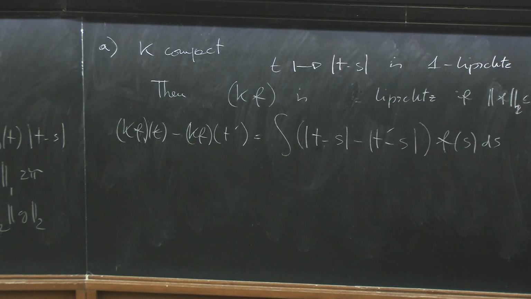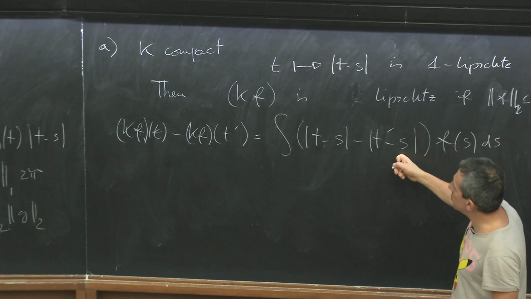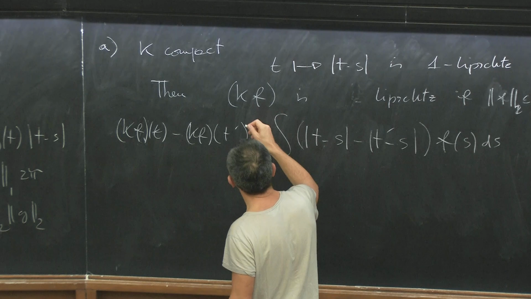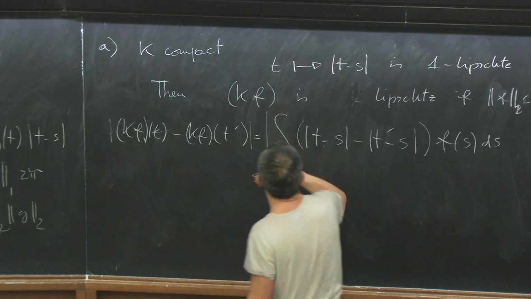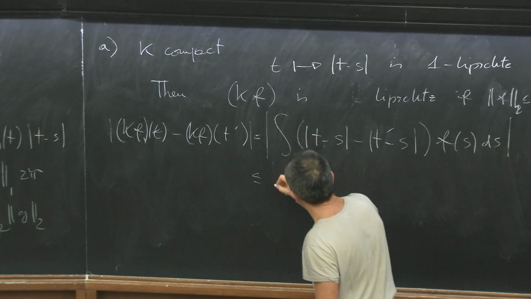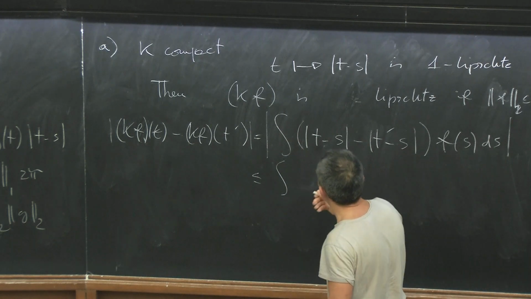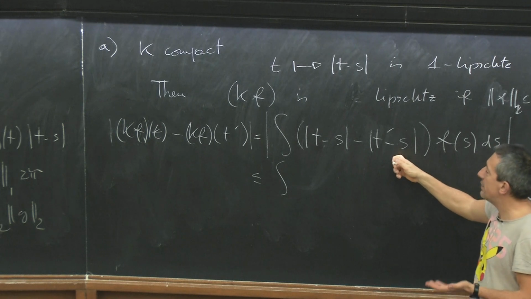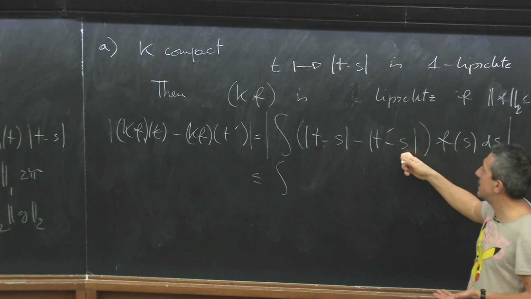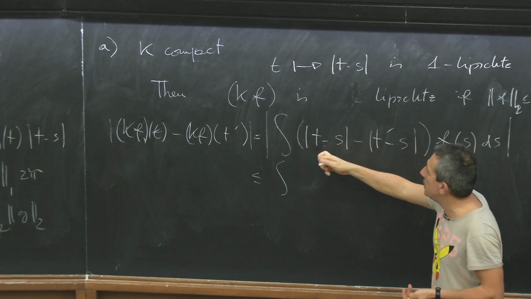Now (t minus s) minus (t prime minus s) is bounded in absolute value, so we don't have to care about the sign. The difference is 0 whenever s is not between t and t prime.